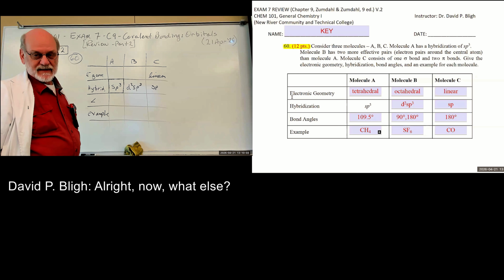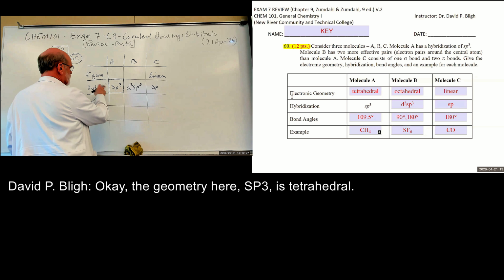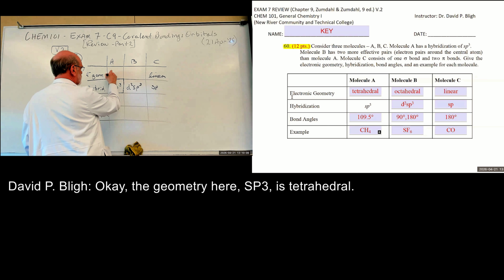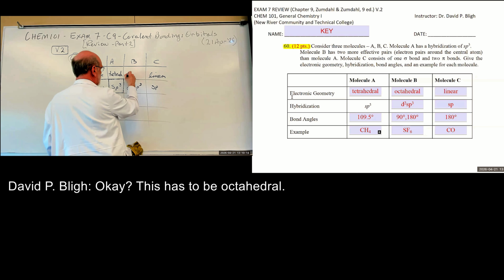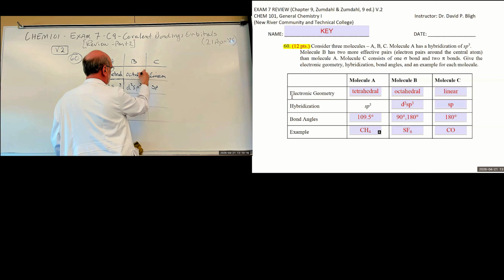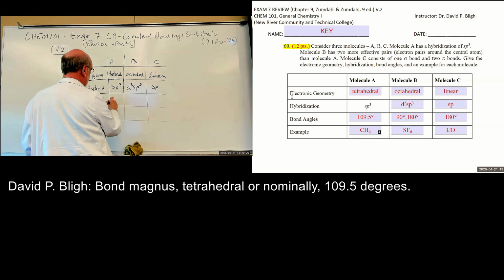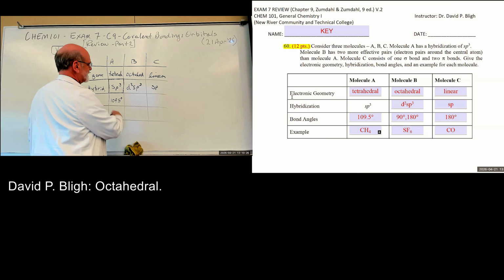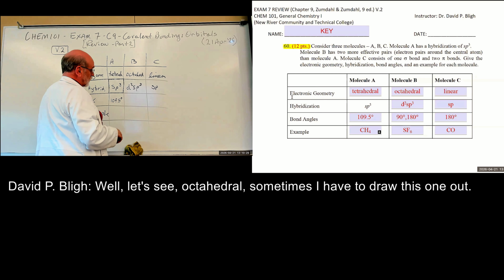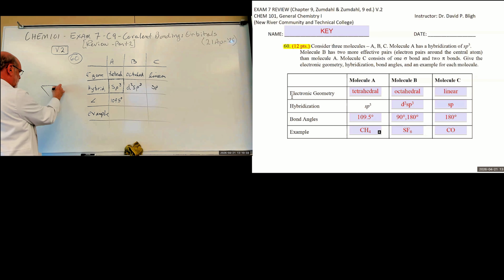Okay. All right. Now, what else? The geometry here, sp3, is tetrahedral. This has to be octahedral. Bond angles. Tetrahedral are nominally 109.5 degrees. Octahedral, sometimes I have to draw this one out.